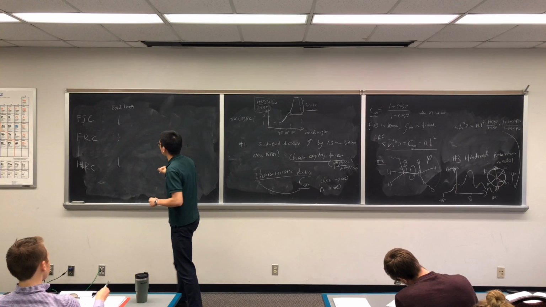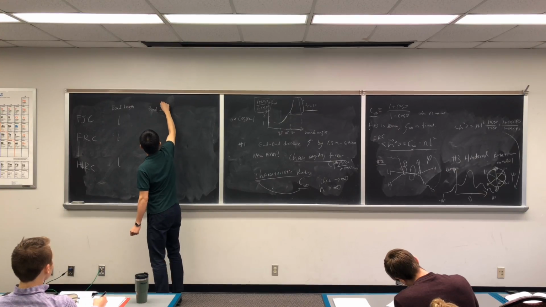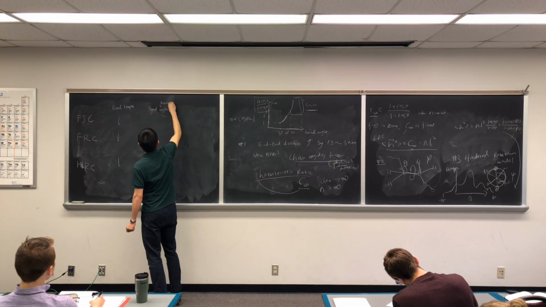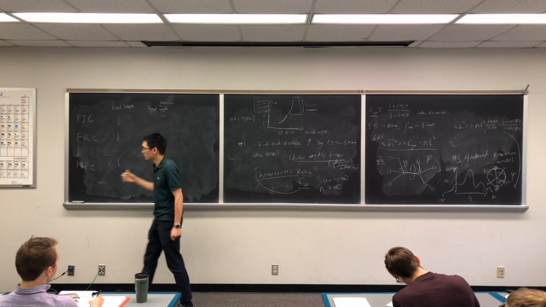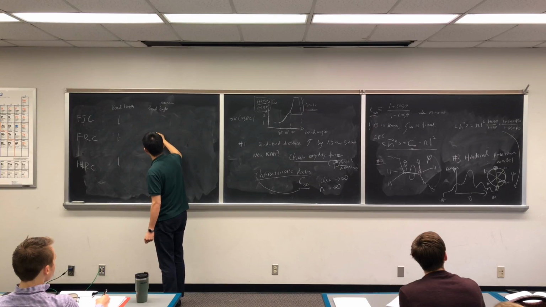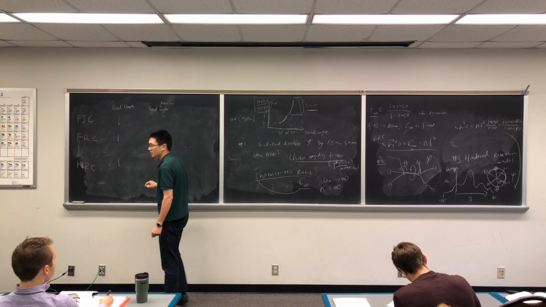Now in the second case, the bond angle. In the first case, you're still not going to fix it, so I'll leave it open. In this case it will be fixed as theta, and in this case it will also be fixed as theta.